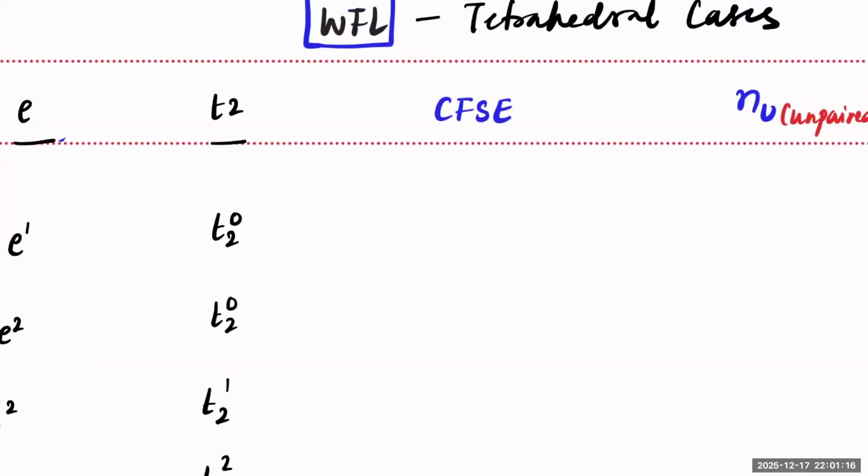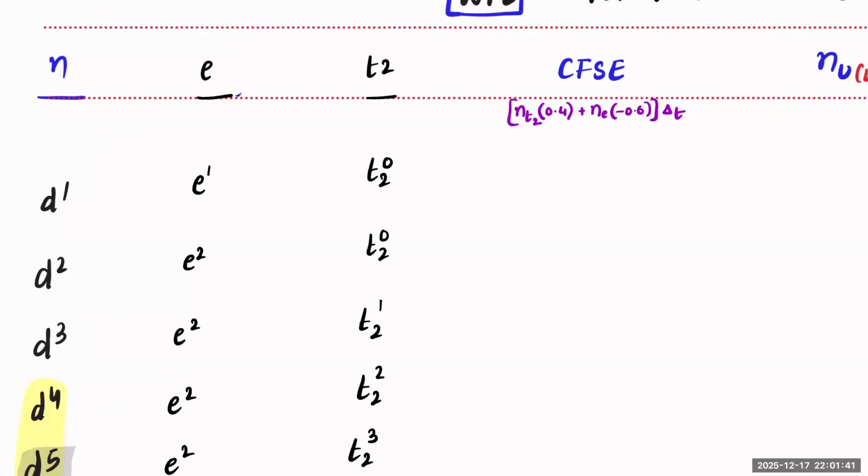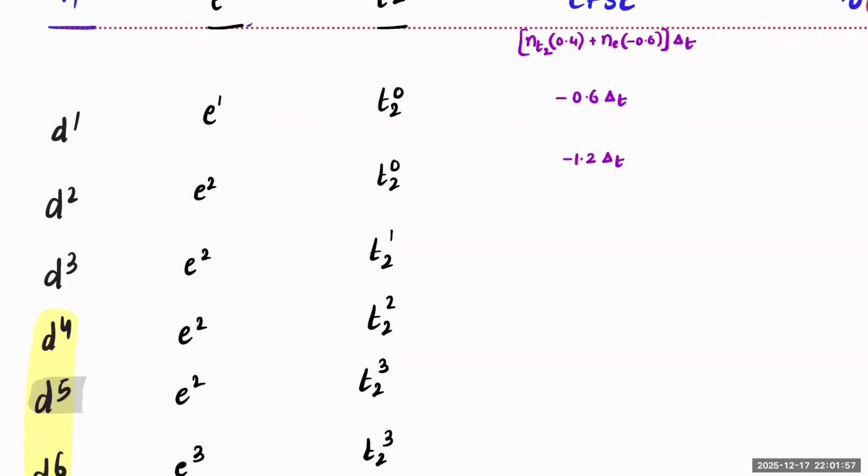Let me again reiterate the formula here: it is number of electrons in T2 into plus 0.4, plus number of electrons in E with minus 0.6, that into delta T. So here if it is D1, first it has to go into E, which means it is minus 0.6 delta T. Second, when it is D2, it has to be minus 1.2 delta T. Third, it has to go to T2, isn't it?